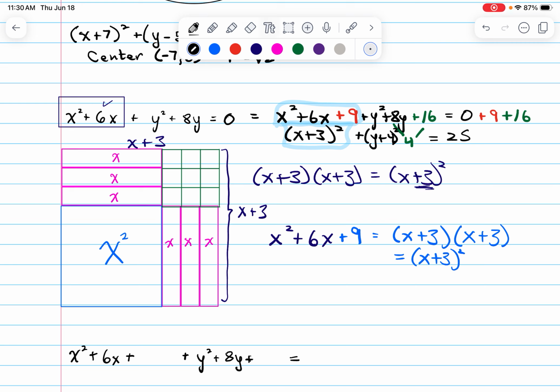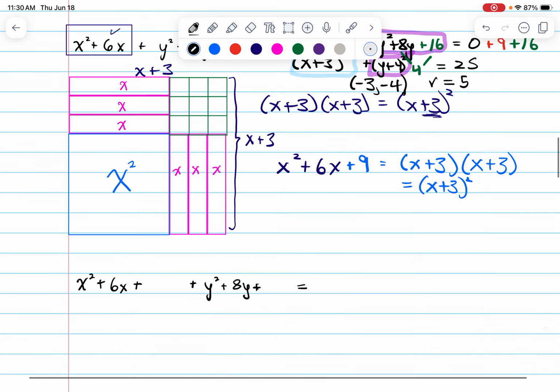And that is, of course, this. So now you can easily see what the center of that circle is. It's -3, -4, and the radius is the square root of 25, which is 5. Yeah, that's it.